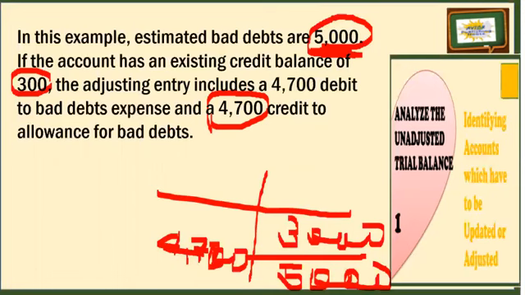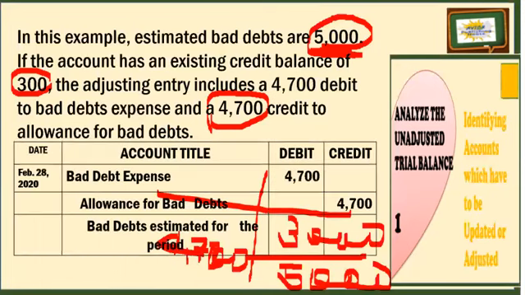So this is the entry: debit bad debts expense 4,700, credit allowance for bad debts 4,700. Explanation: bad debts estimated for the period.